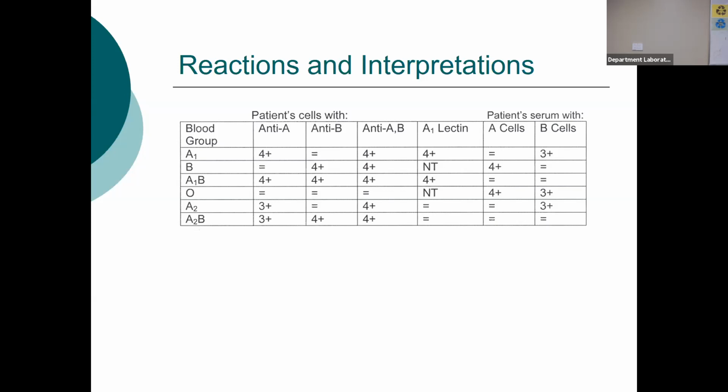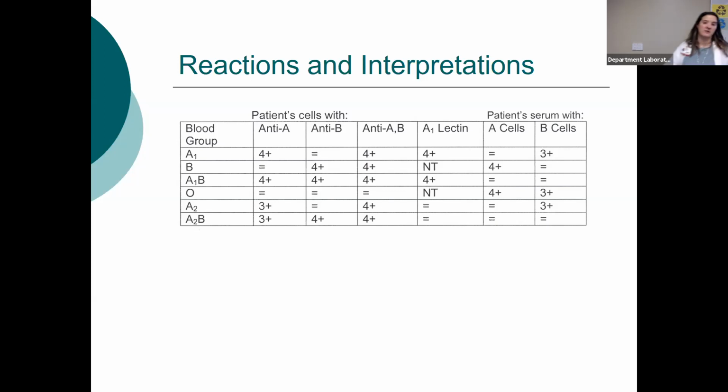So notice A1 and A2, the only difference in the reactions is a little bit weaker reaction with anti-A, remember, because there's less antigen being expressed. And also a negative reaction with A1 lectin. So that lets us know our patient is not A1. Okay. Does that make sense to everybody?